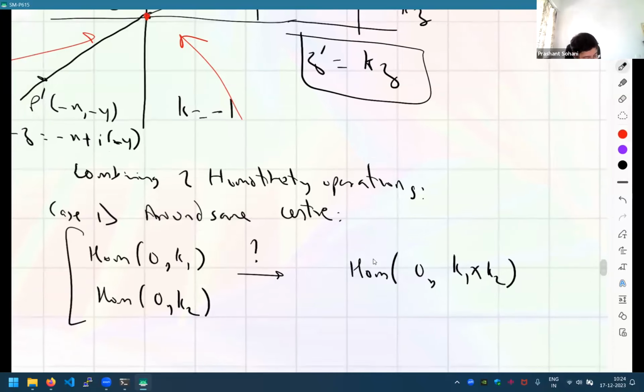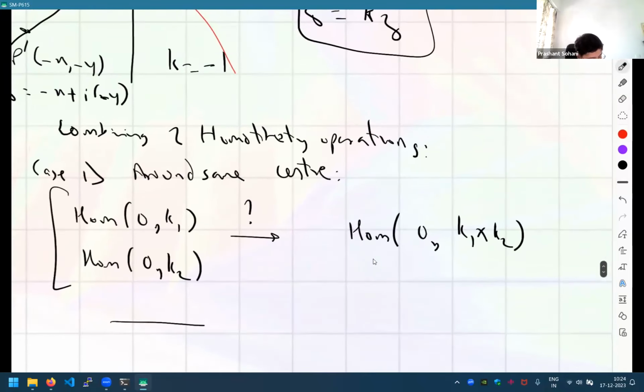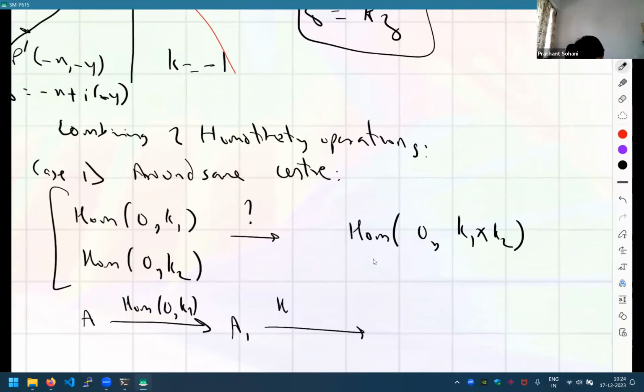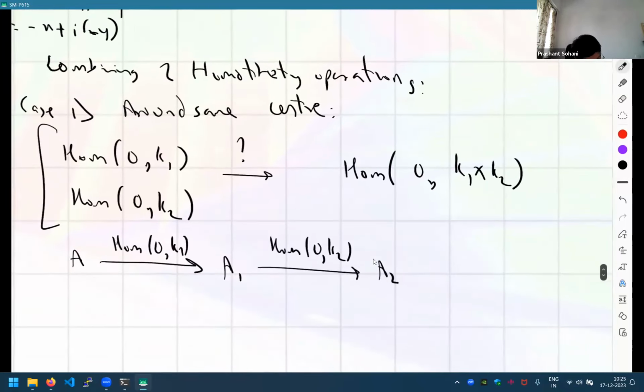So again, there are multiple ways to denote this. One, you can do it in arrow notation: the original point with the first operation becomes A1 and with the second operation becomes A2, or directly with one operation.